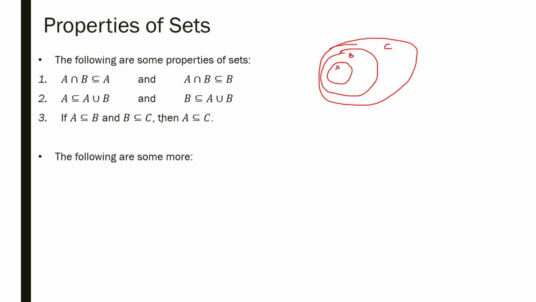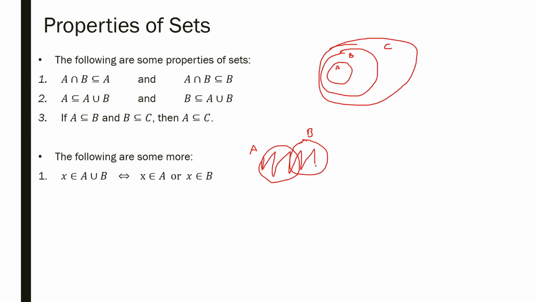Here's a couple more properties of sets. If X is an element of A union B, if X is inside their union, then either X is in A or X is in B, right? Because their union is the entire shaded region. X lives here.